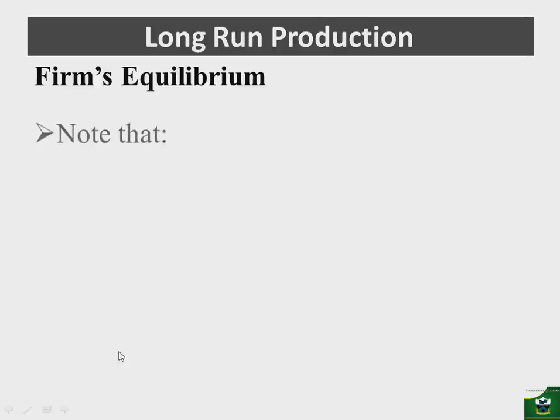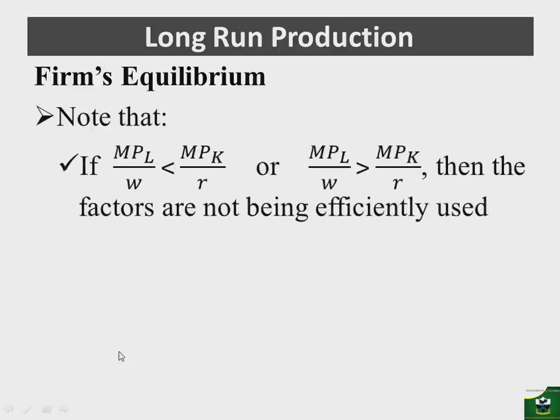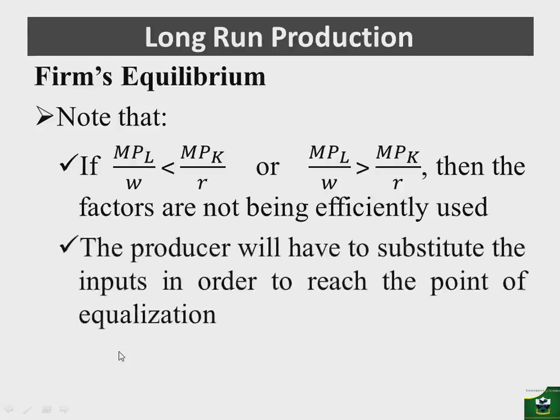Note that if the ratio of the marginal product of labor to the price of labor is less than the marginal product of capital divided by the price of capital, or the other way around, then the factors are not being efficiently used. The producer will then have to substitute the inputs in order to reach the point of equalization.